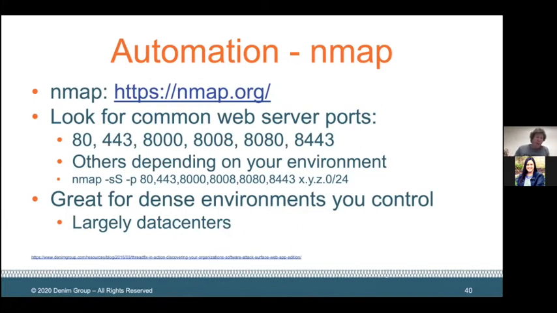This is great for environments that you control that are dense. You don't want to scan the internet looking for stuff that may be associated with you, but if you own a data center, or here's our class C or several class Cs, you can use nmap to scan that. I've got a link at the bottom to a blog post that we published a while back, looking at using nmap and some scripting around that to get that data into ThreadFix.